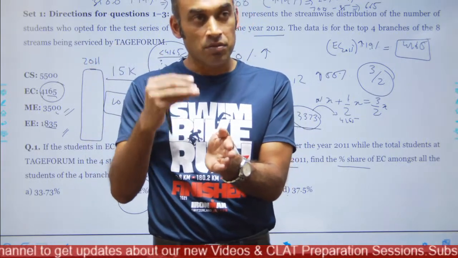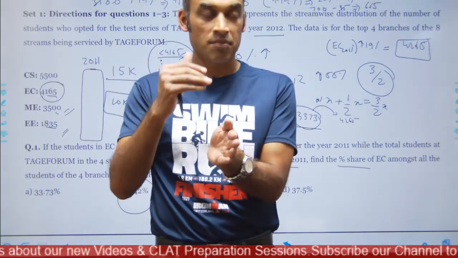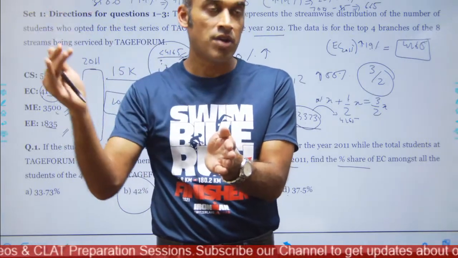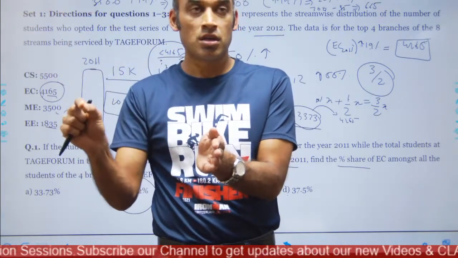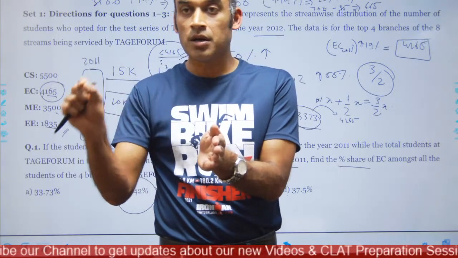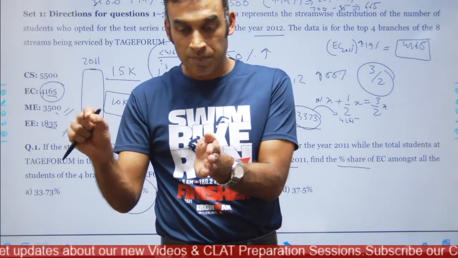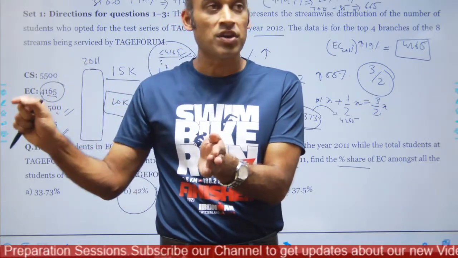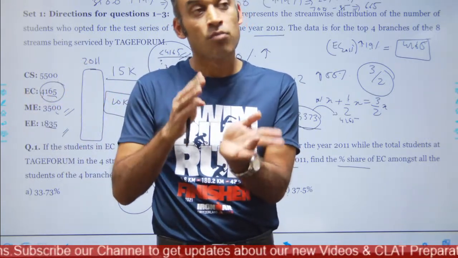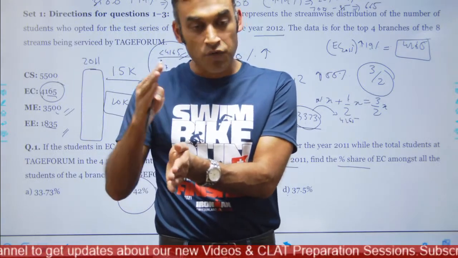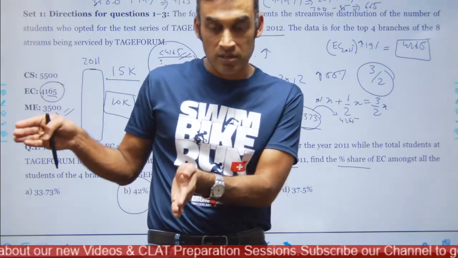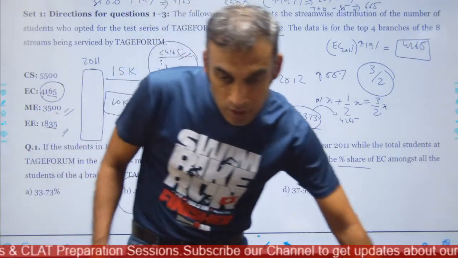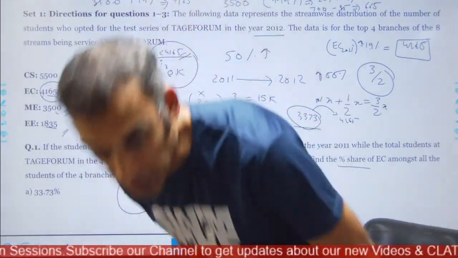Had this been 4,300, and by adding 19% it gave me just 4165, but I had to reach 4,300, then my answer would have been more than 35%. Therefore, I would have chosen 37.5 in that case. That's how you're going to eliminate. Okay?